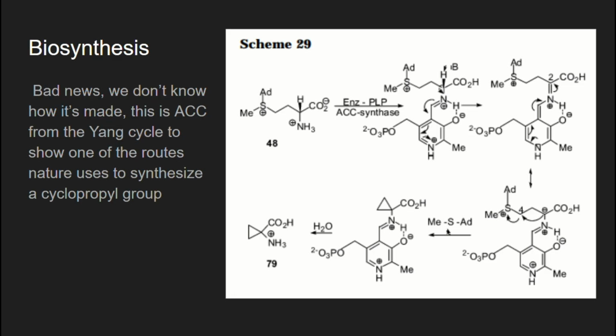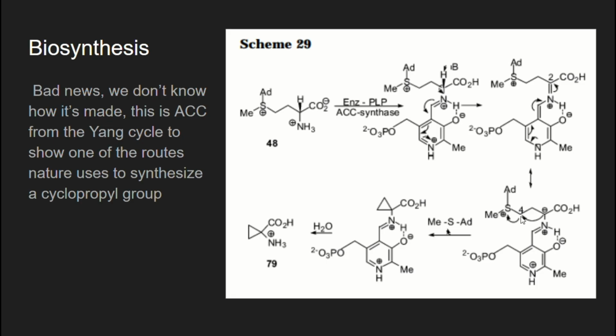Then, the next step is where the magic happens. So, this carbanion is going to attack the first thing it sees, and the enzyme is going to make sure the first thing it sees is carbon 4 of S-adenosylmethionine.